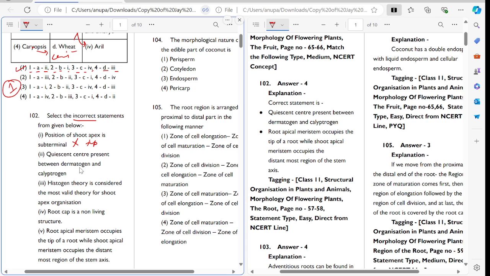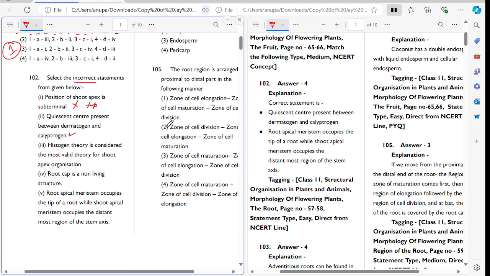The second statement is quiescent center present between dermatogen and calyptrogen. This statement is correct. The third statement is histogen theory is considered the most valid theory for shoot apex organization.